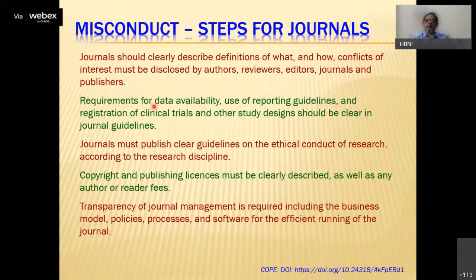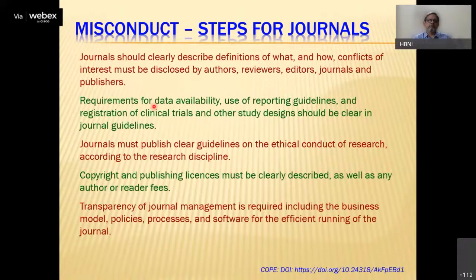The data is available with me. In case anyone wants to have a look at the data, it will be provided to them. So this declaration also has to be made at the time of submitting a manuscript. This is something which was not there earlier.